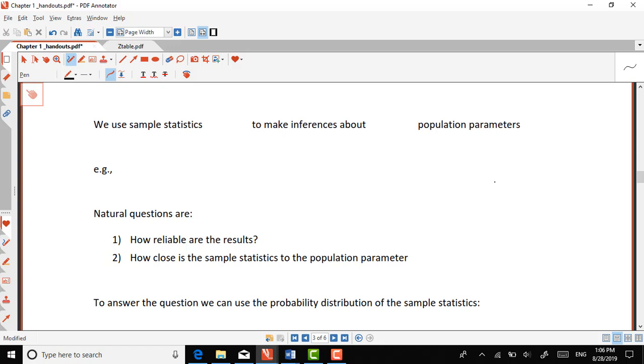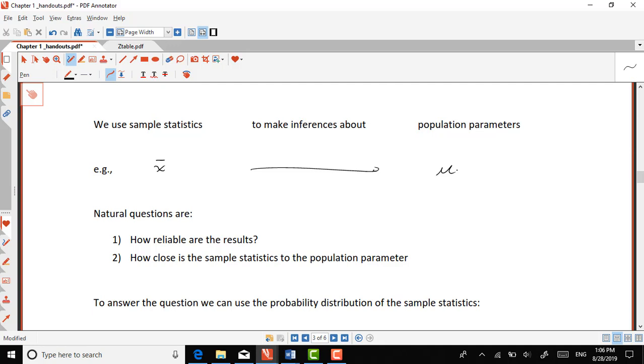Once again, and I repeat this concept again and again, we use sample statistics, for example our sample mean, which we call X bar, to make inference about the population. Remember, you're going to take a sample for the mean, but the objective is to know something about the population.